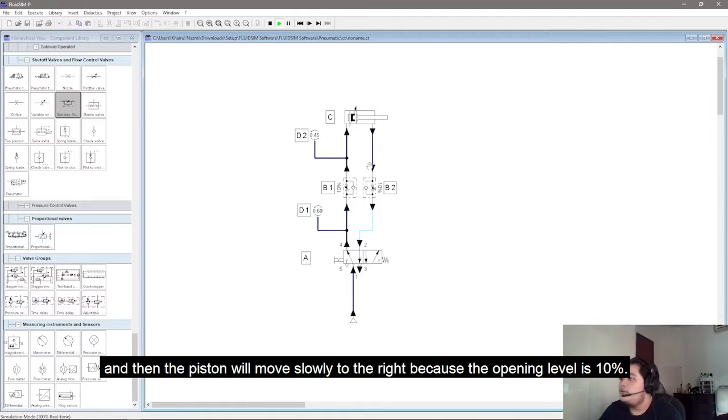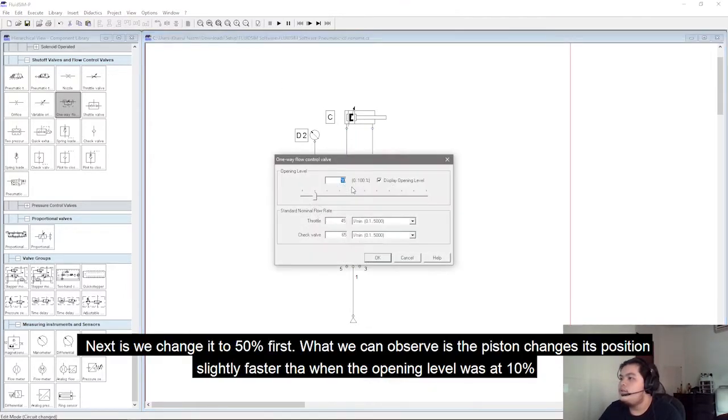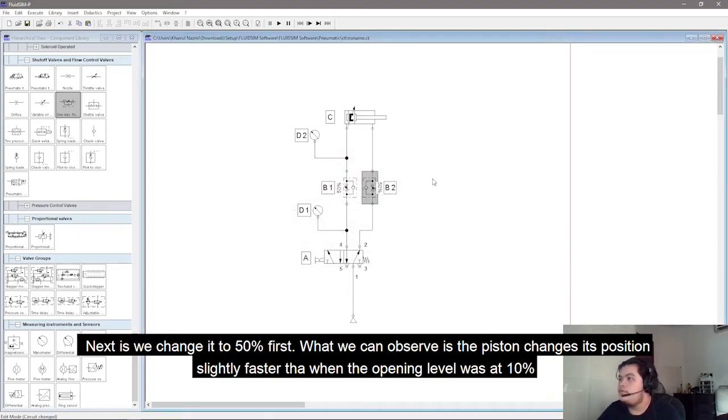I'll play it again. Here the piston moves slowly because the opening level here is 10%. Okay, so first we stop it. Then next we change it to 50 first.